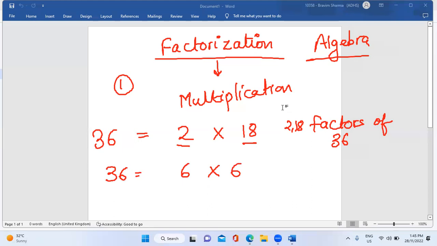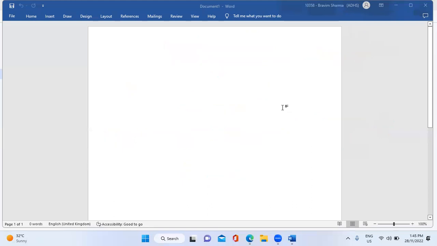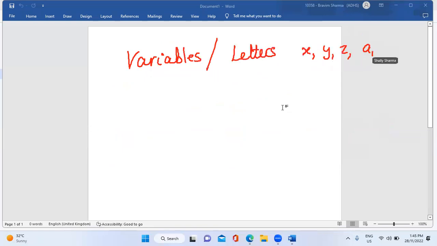In algebra, we don't have just numbers, we have variables. You can understand variables like letters. You can take them X, Y, Z, A, B. More specifically, we take X, Y, Z as the variables. A and B, most of the time we use as the constant values.